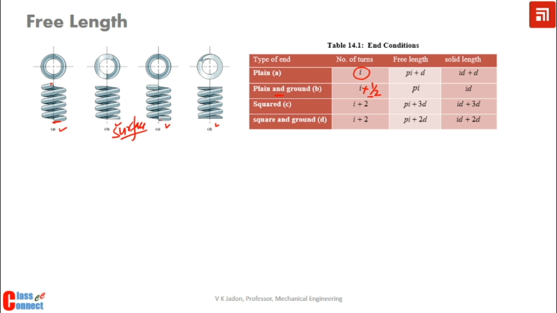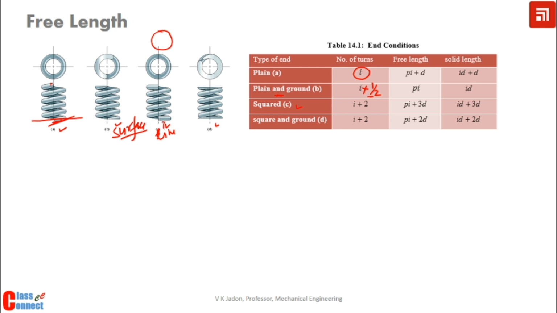In the case of the squared end, we bend this end to make the plane of the last coil perpendicular to the axis of the coil, so it is a square end. In that case the contact area is a line, an arc making a circle.